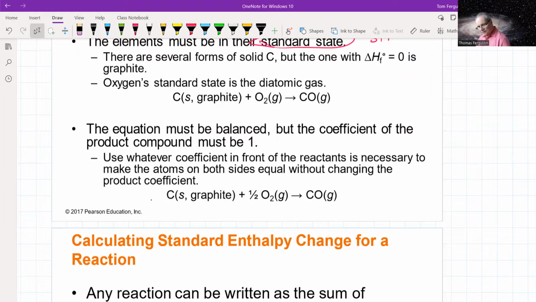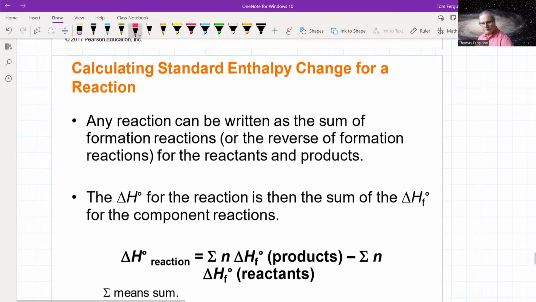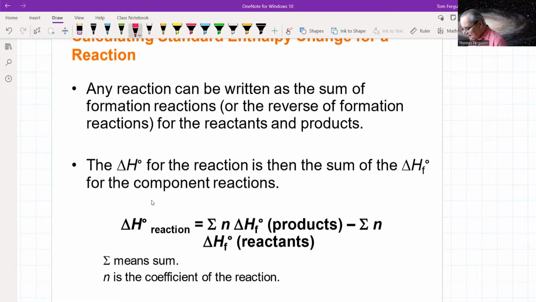Now, when you balance the equation, you have to balance it so the formation is 1 mole, which might require you to use fractional coefficients for the reactants. Any reaction can be written as an algebraic sum of formation reactions, or the reverse.